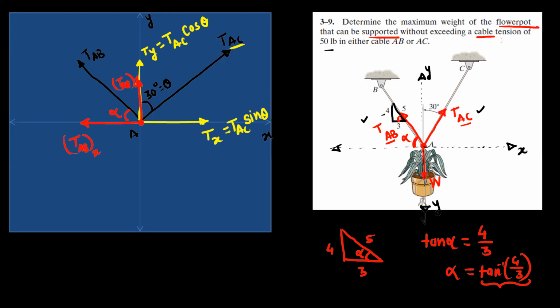This figure will become more complicated, and for such type of problem, we should resolve the force at another point on the same line of action. I will show how to resolve these forces.